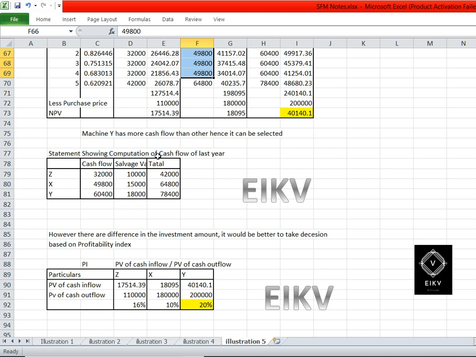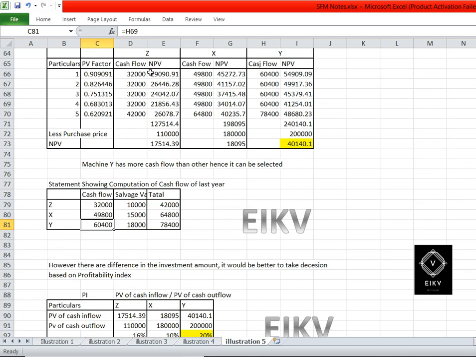Statement showing computation of cash for the fifth year. Here we have X, Y and Z. I have shown the regular cash flow of the year as 32,000, 49,800 and 60,400, the same as all the 4 years.